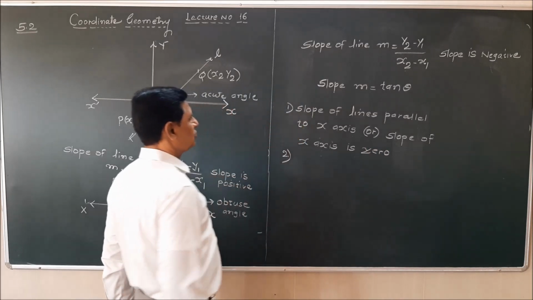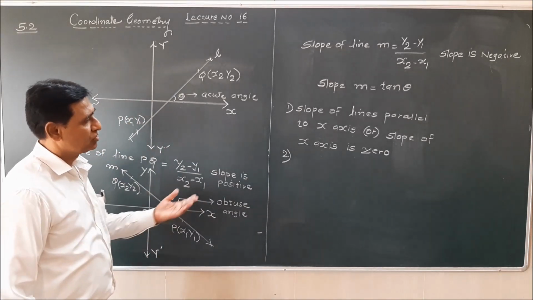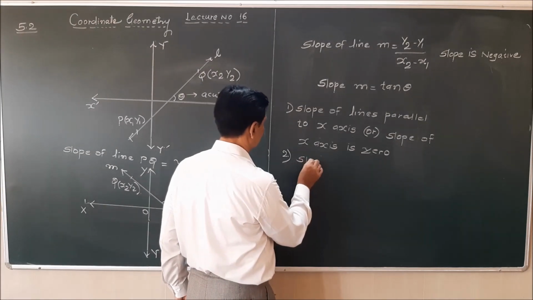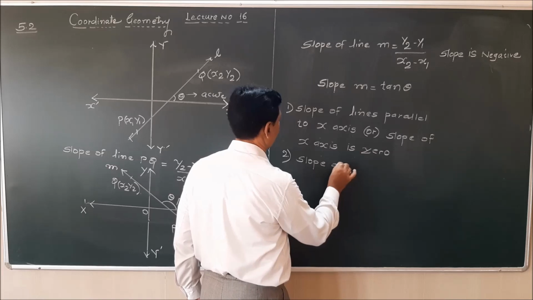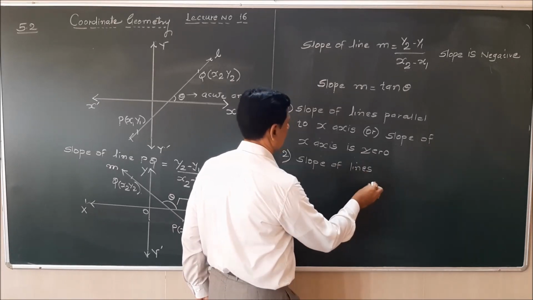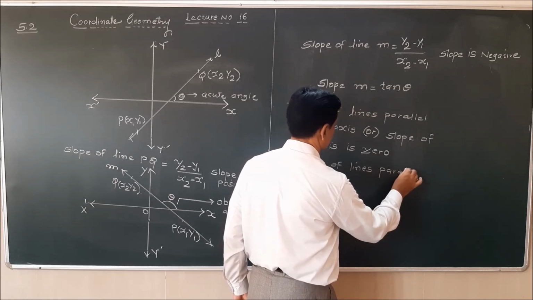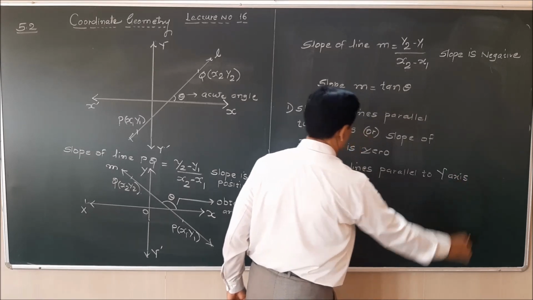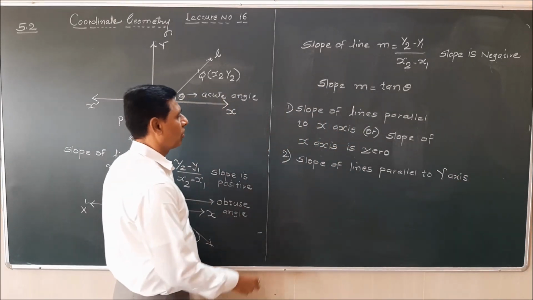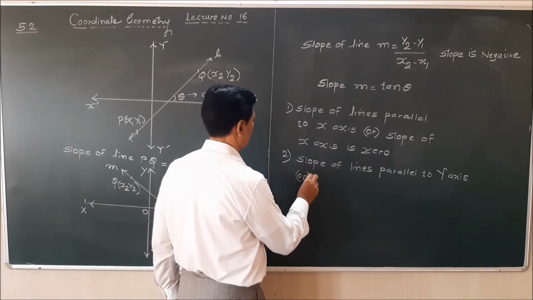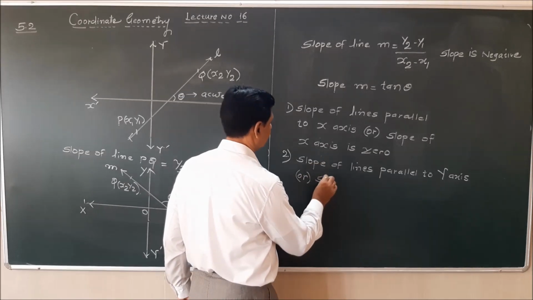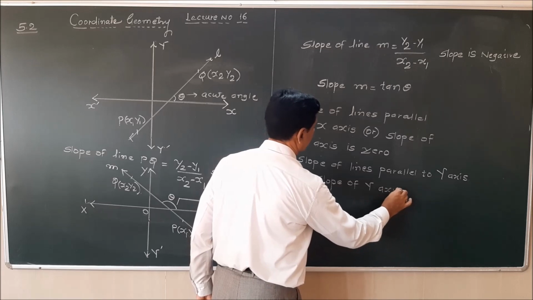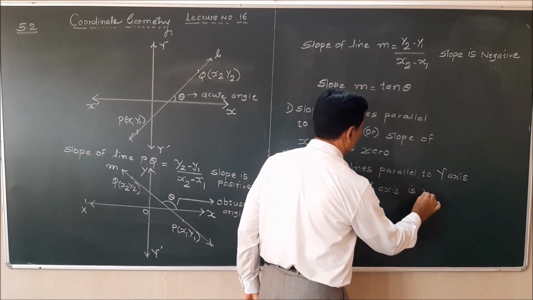Second point, the slope of lines parallel to the y-axis, or the slope of the y-axis, is not defined.